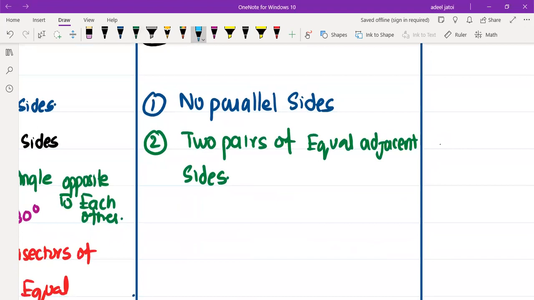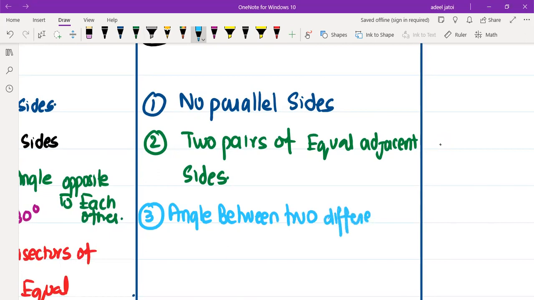Then the angle between two different sides are equal.